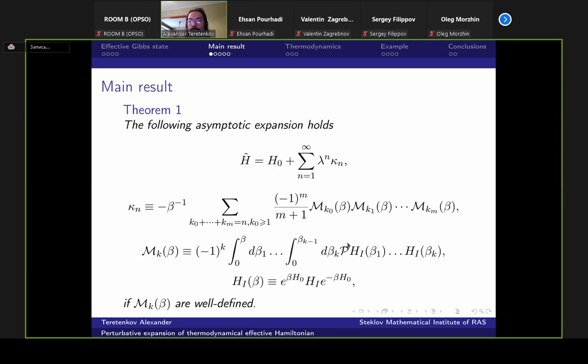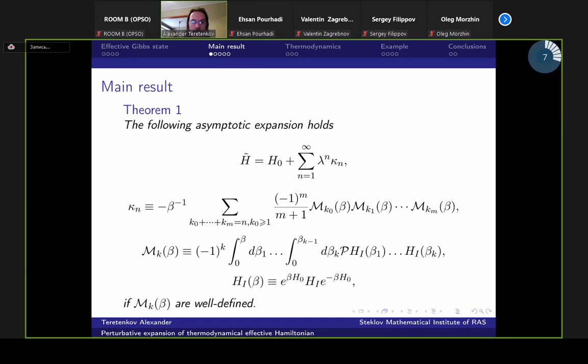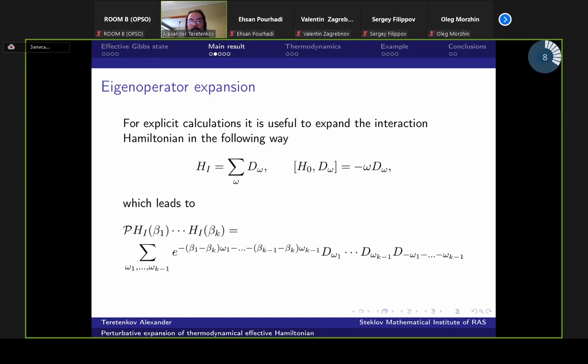This is just the usual terms of the Dyson series, nothing else. Well, this explicit formula is, I think, the main result, but it is not very good to calculate something just by this formula.